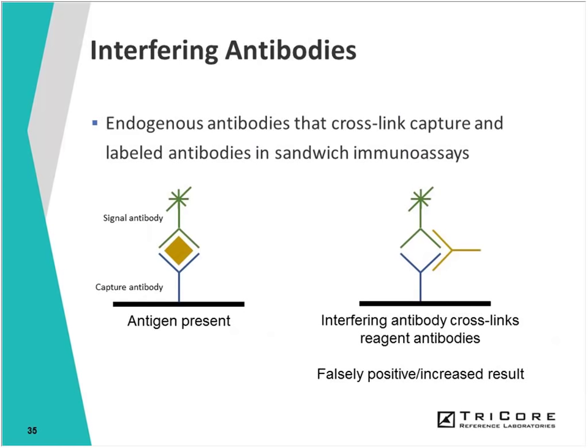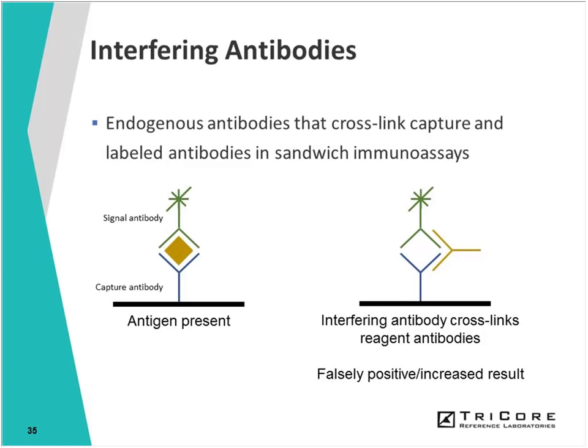Now, another type of antibody can also interfere in immunoassays specifically. So interfering antibodies, as I'm going to call them, are also referred to as heterophile antibodies, and these are endogenously produced immunoglobulins that have specificity against the reagent antibodies used in immunoassays.